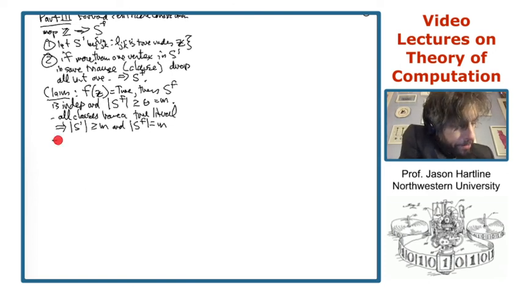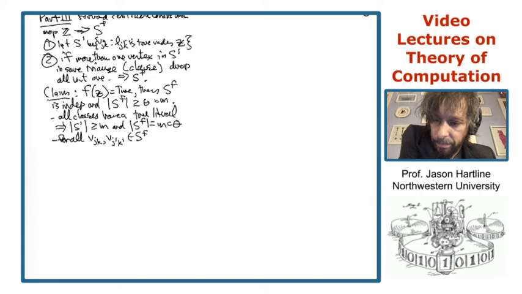Great. So that's showing that this is theta, that the one condition of independent set is satisfied, that the size of the set is large enough. Now we have to show that it's indeed an independent set. So we have to say that for all Vjk and Vj'k' in S_F, they are independent.